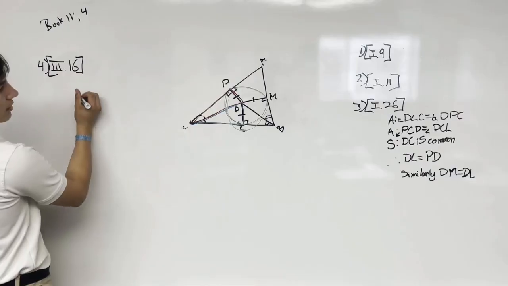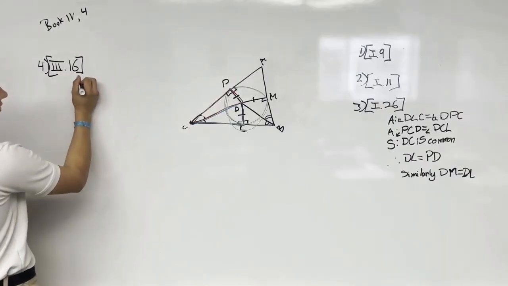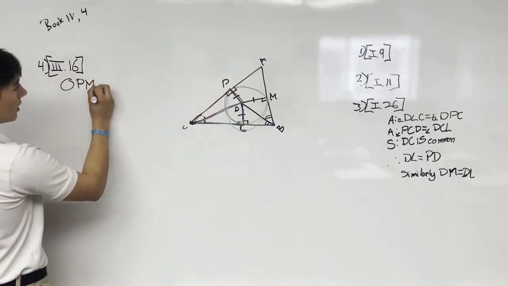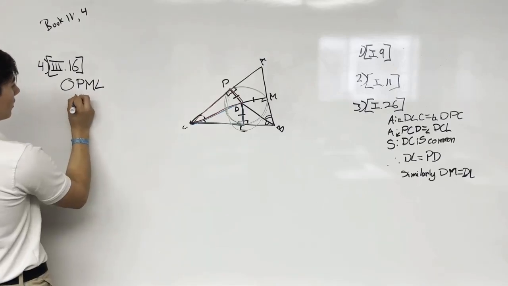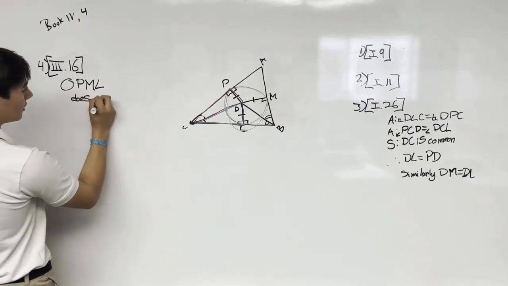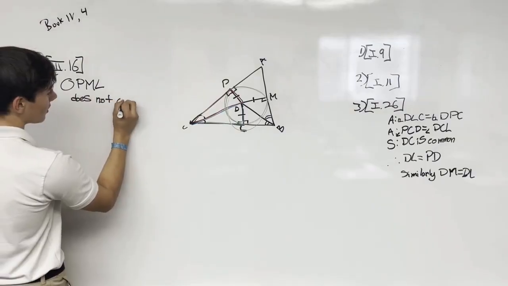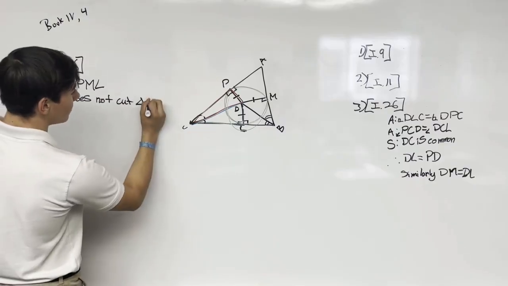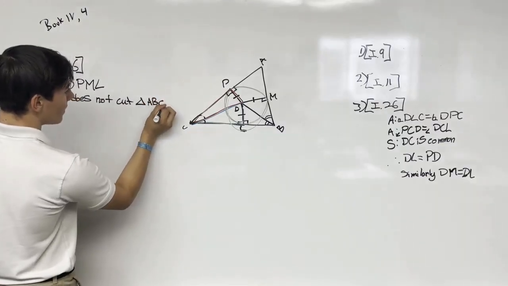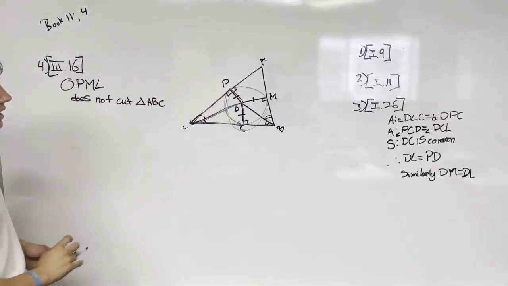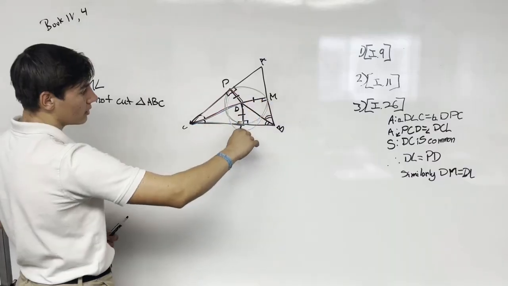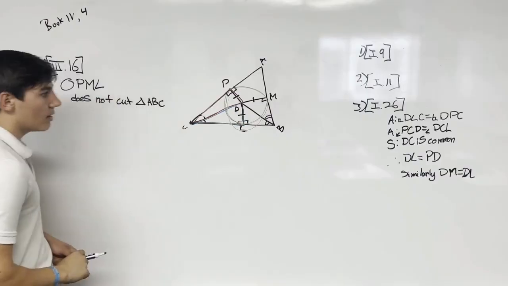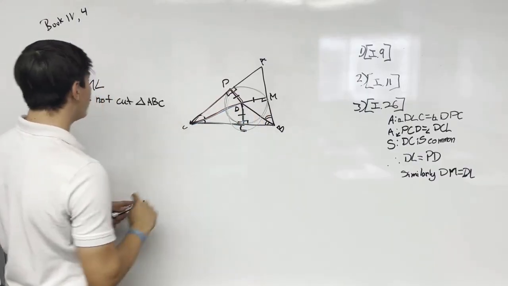So we can say that the circle PML does not cut the triangle ABC. And if it does not cut it, then it must touch the points where the perpendicular lines are drawn, meaning that it touches L, M, and P.